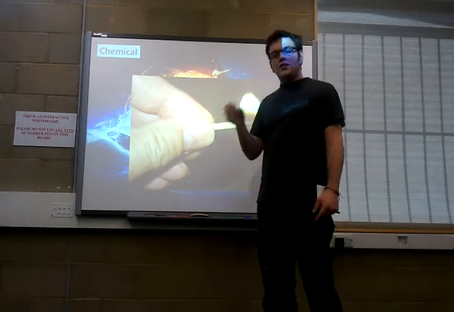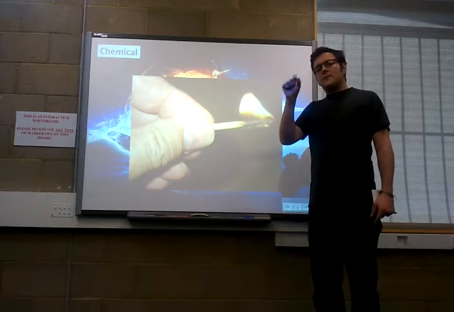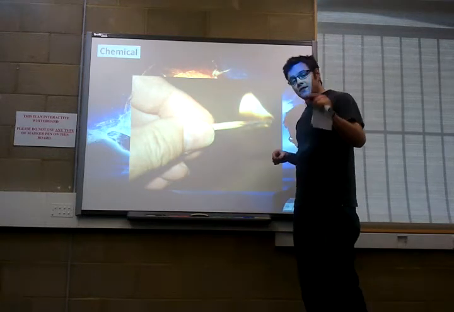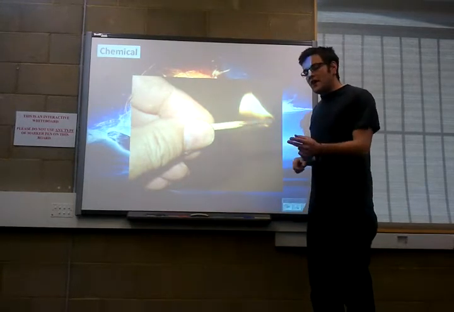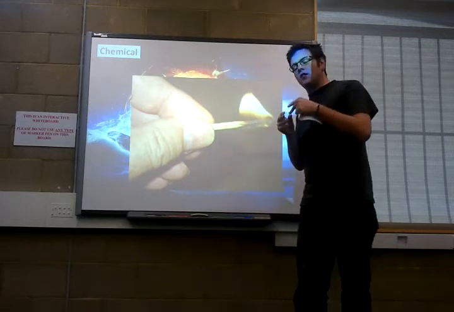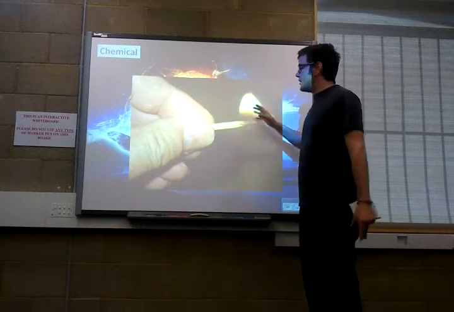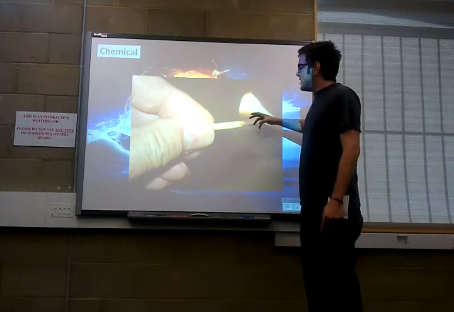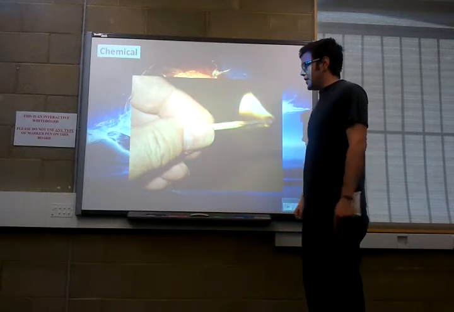Now, the chemical energy doesn't just come from that little red dot on the end of the match, it's actually from the wood itself. The wood has chemical potential energy stored inside it, which can be unlocked, if you like, or used up by this thermal energy, and is itself used to create the thermal energy.